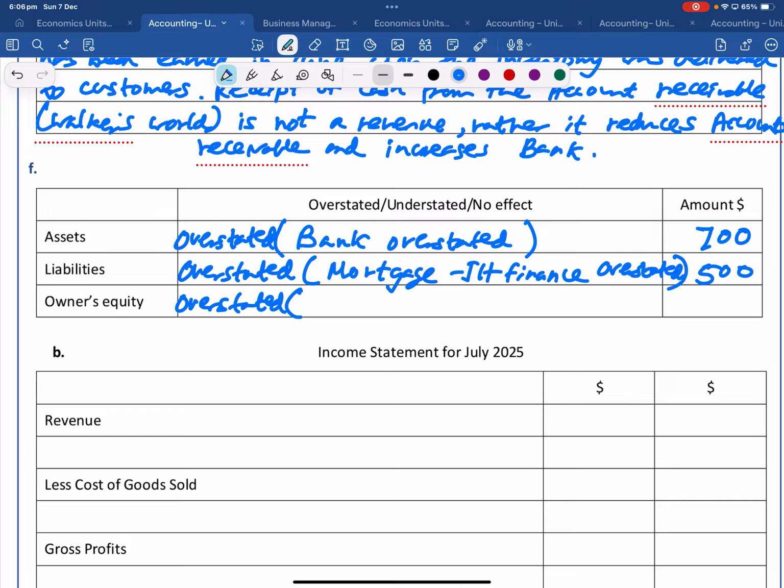Interest expense is understated. That overstates what? Net profit. Yeah, this is exactly it, you have to write it, guys. How much? 200.